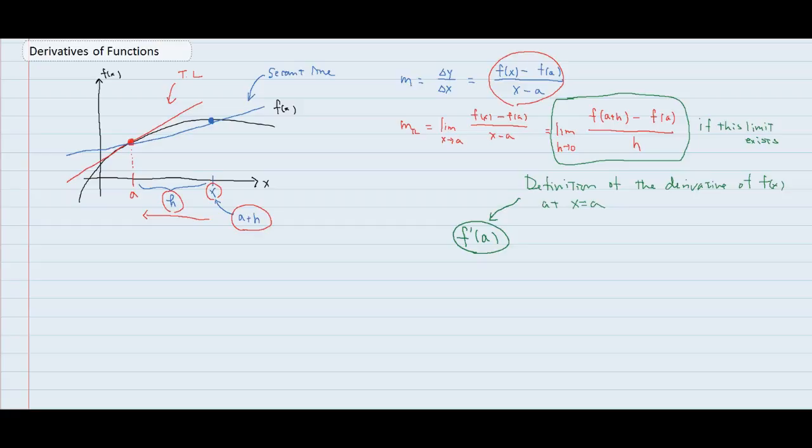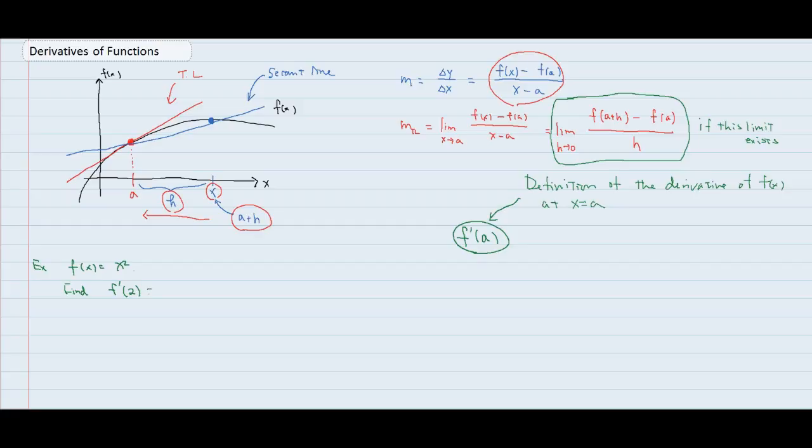So now let's do a simple example. Suppose that you are given this function f of x equals, say, x squared. And if I want to find, say, f prime of 2. Now again, this is by definition going to be the limit of the changing y over changing x.